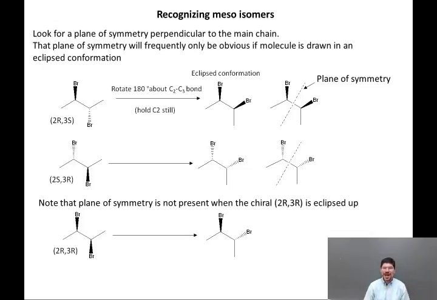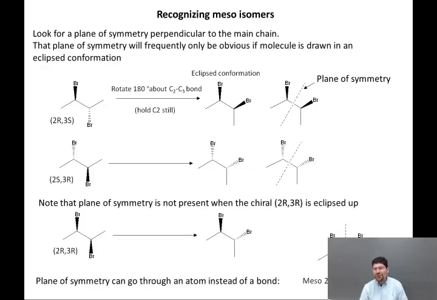So as a result, when you have a meso compound, even though there are 2 stereocenters in this molecule, there are only 3 stereoisomers instead of 4. And one more example of a meso compound would be 2,4-dibromopentane instead of 2,3-dibromopentane.